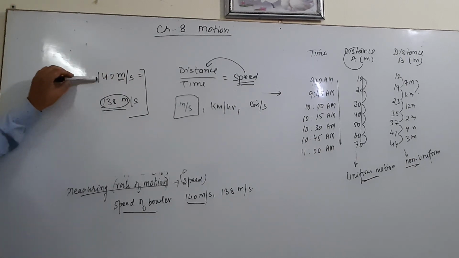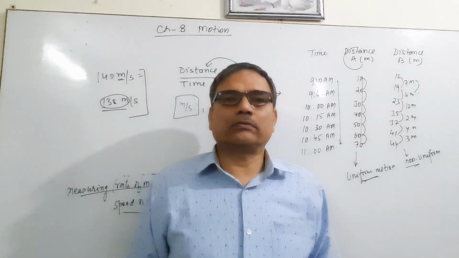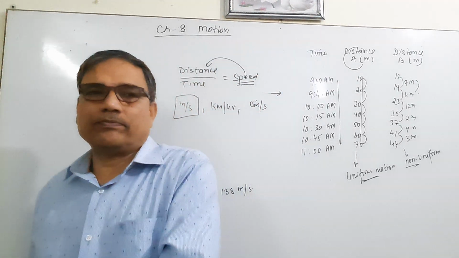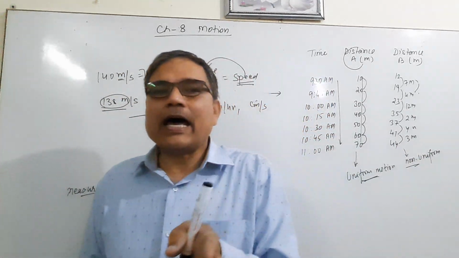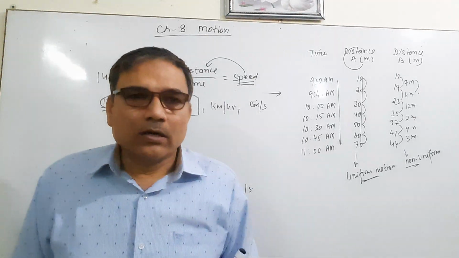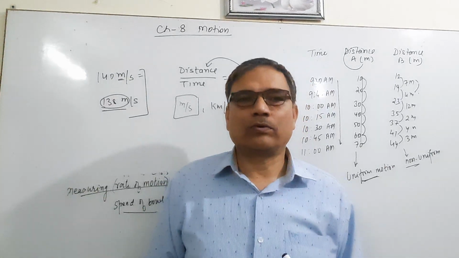Here the speed or the rate of motion is different. It means different objects cover the same distance in unequal intervals of time. We can say that different objects have different rates of motion or different speeds. Some objects can move fast and some can move slow.